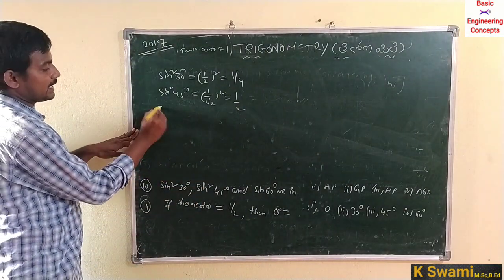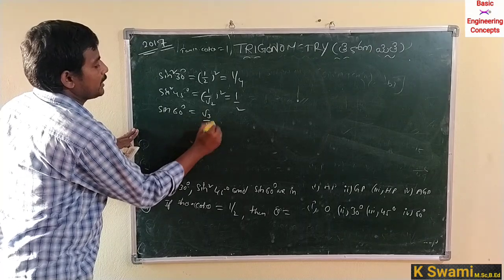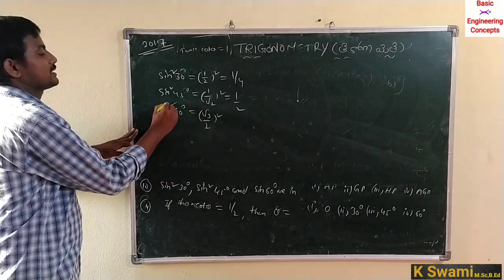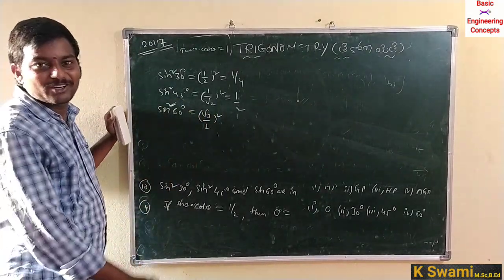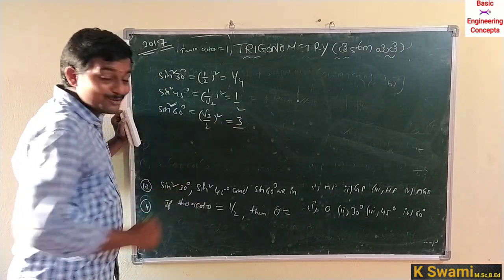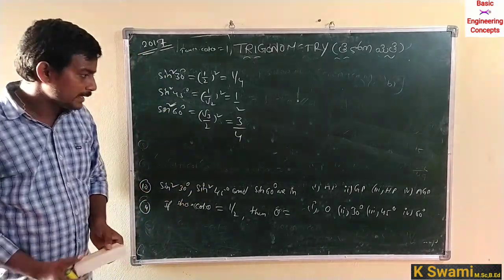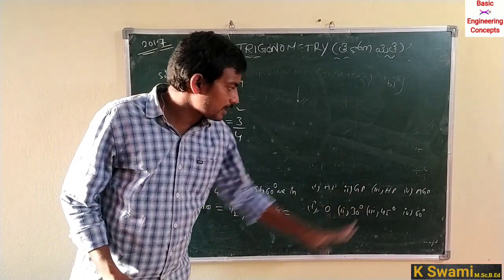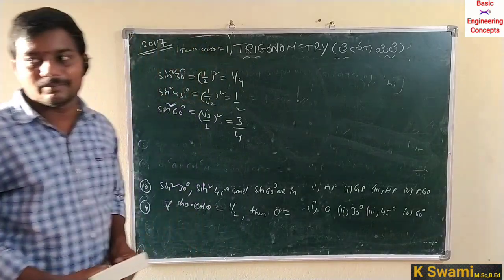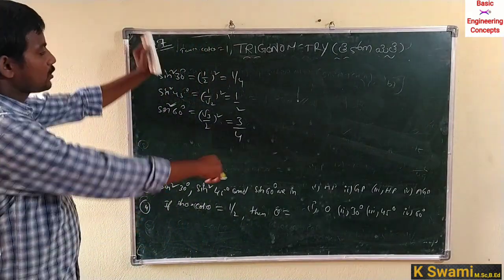Sin 60 degrees is root 3 by 2, so sin square 60 degrees is root 3 by 2 whole square, which is 3 by 4. Are they in AP, GP, HP or AGP?